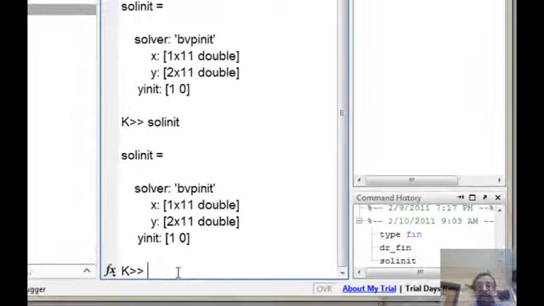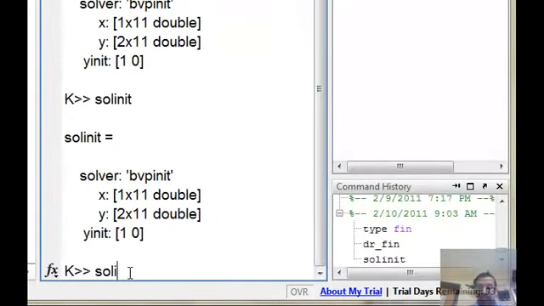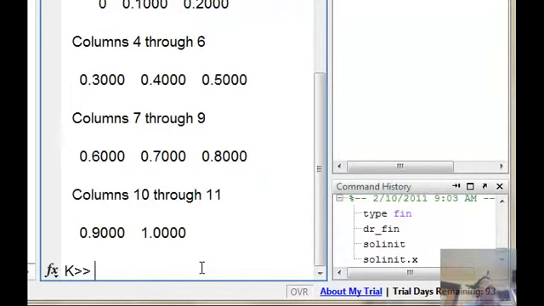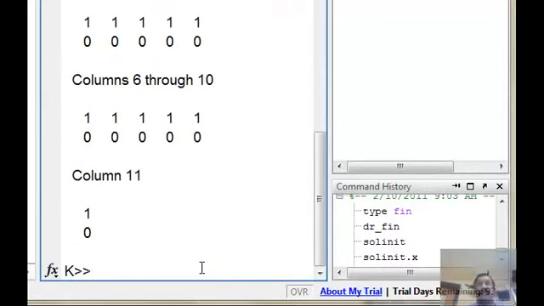So to print that, all you need to do is sol INIT dot X. Dot X means give me the X component of that structure, and it prints out the independent variable from 0 to 1 in steps of 0.1. If you do sol INIT dot Y, it prints out two rows. The first row is for Y1, the second row is for Y2.